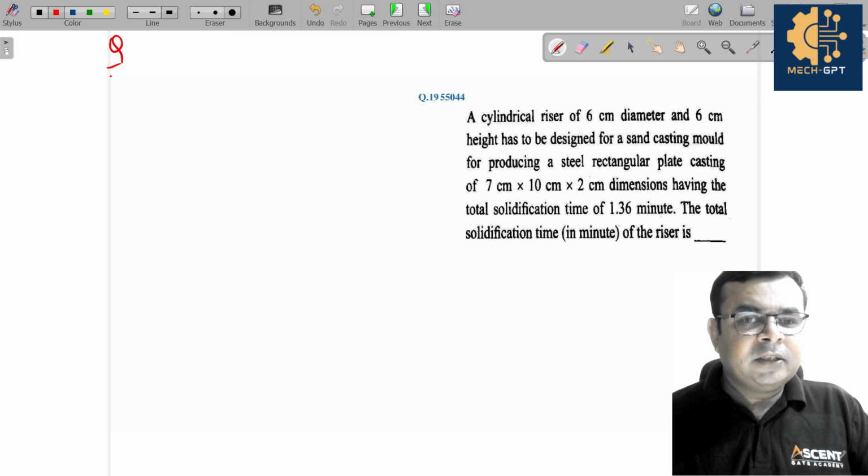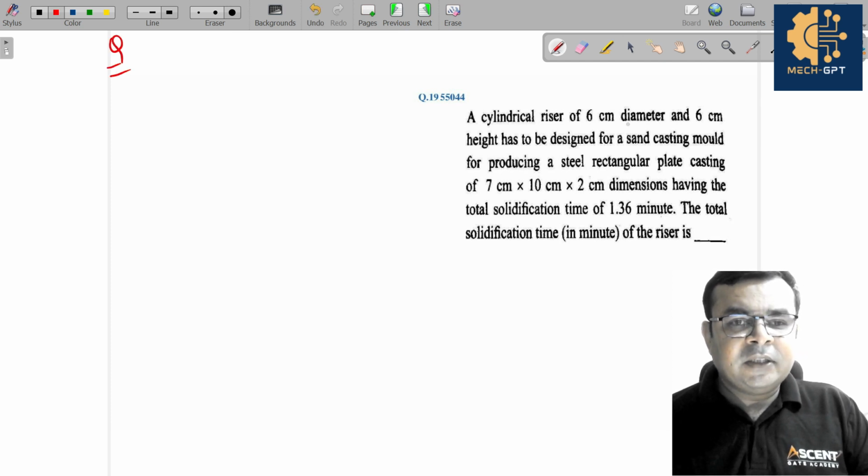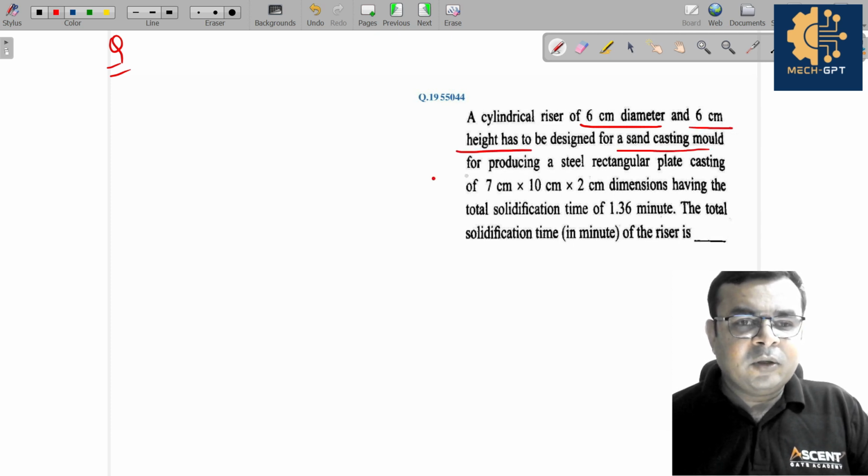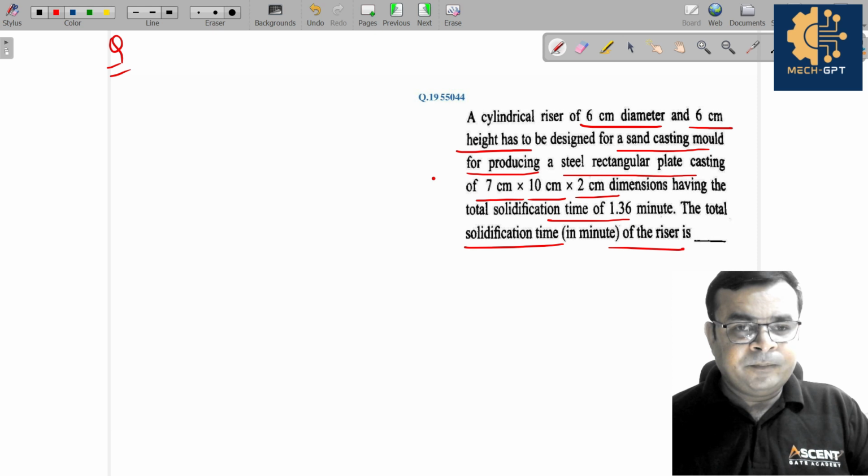So what about this? A cylindrical riser of 6 centimeter diameter and 6 centimeter height has to be designed for a sand casting mold for producing a steel rectangular plate of 7 centimeter by 10 centimeter by 12 centimeter, having the total solidification time. The solidification time of the casting is 1.36.